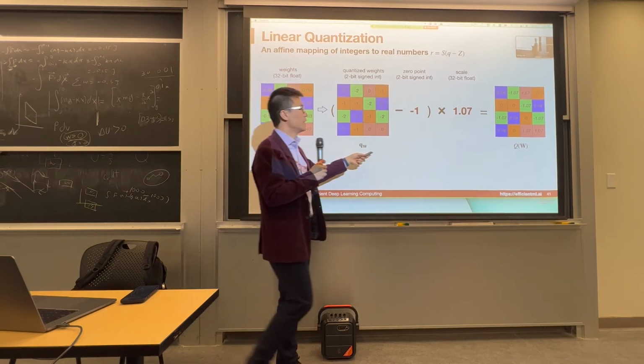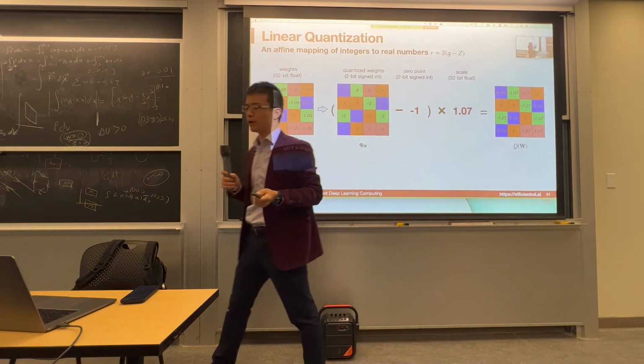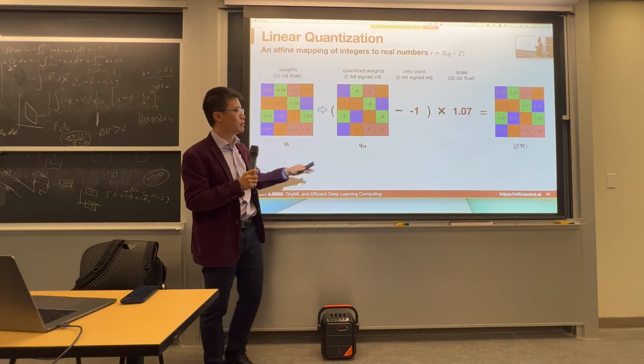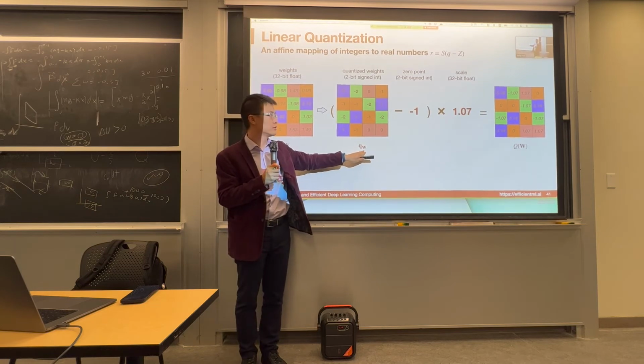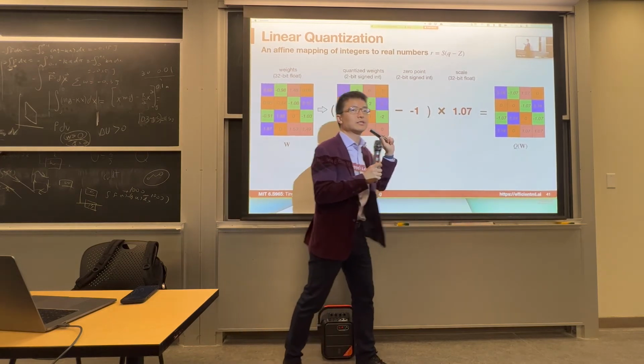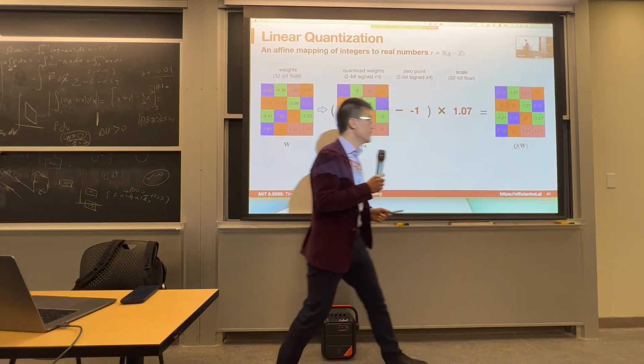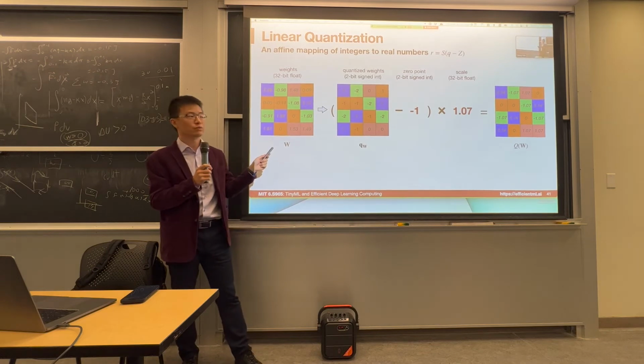This is the fake quantization where you want to recover from your quantized weight. You subtract the zero point and scale it, and this is the recovered weight. So this is the quantized weight, and this is the full precision weight in the back.